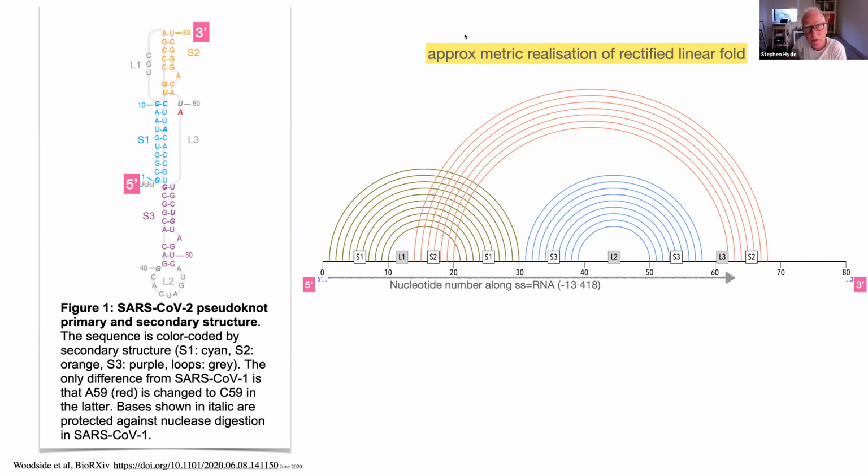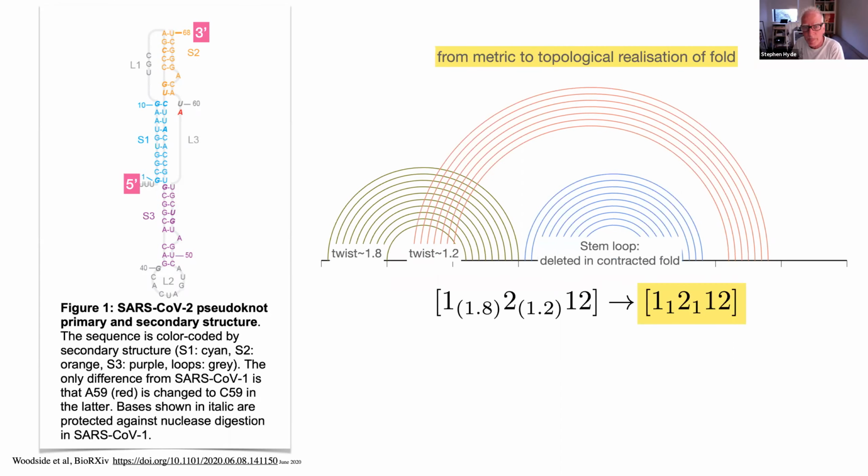That fold I can draw very crudely, metrically, by assuming that every nucleotide is equally spaced along the length. So this is a sort of metric realization of that part of the fold. It's actually starting at nucleotide number 13,418 and going up to that plus 80.